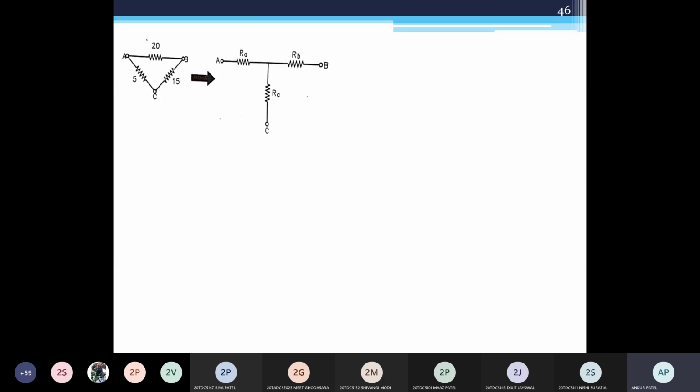According to the circuit connection, you need to set this star to delta conversion. Suppose this is my delta connection. Generally we convert like this, but according to the circuit requirement, you can also convert like this.